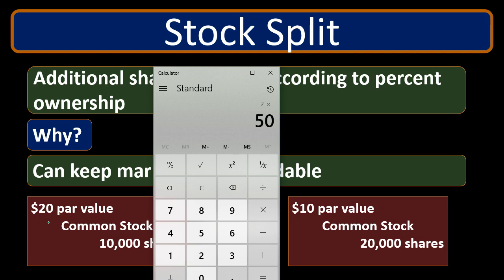So once we do the stock split, there's no effect on retained earnings. We didn't do anything in essence. The company hasn't made any more money. We haven't received any more investments. We haven't even changed the dynamics of the ownership, meaning each owner still owns the same percentage of stock. That is the important thing, because let's say I own 51% of the stock.